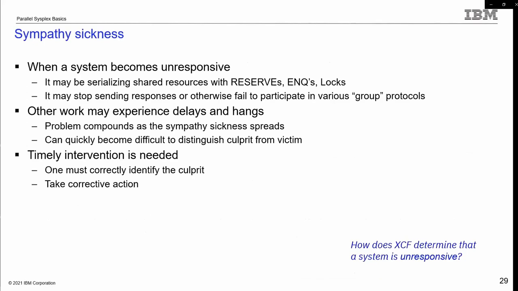So let's talk a little bit about sympathy sickness. There can be a single system in what you can refer to as a sick but not dead condition. This is when a single sick system holds resources that are needed by other systems within the Sysplex. Eventually that one sick system can cause the other healthy systems to experience sickness-like activity.